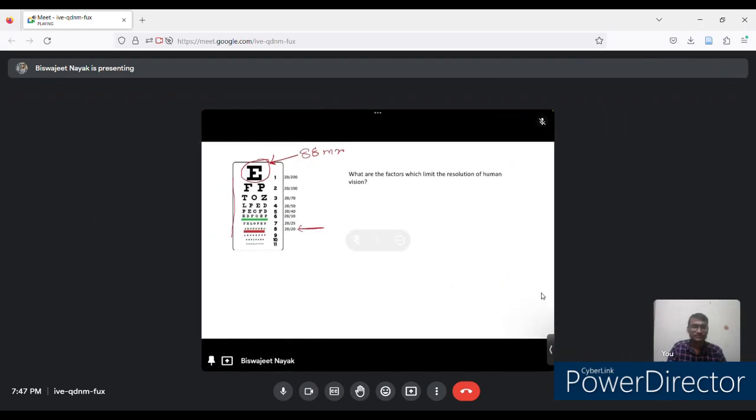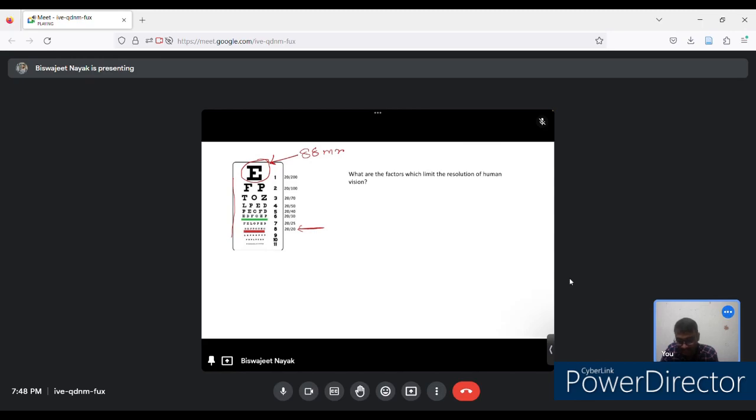So this E on the chart has a standard height of 88 mm, and other letters are scaled accordingly with this E. If one has to see what this 20 by 20, 20 by 40 represents, the doctor used to tell us to read this thing.